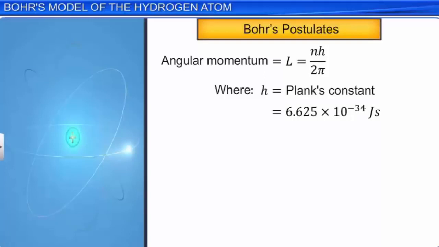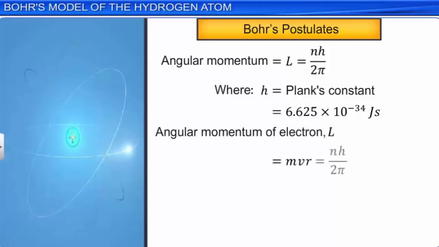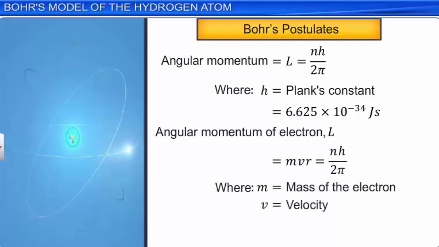Therefore, the angular momentum L of the electron is equal to mvr, which is equal to nh by 2 pi, where m is the mass of the electron, v is its velocity, r is the radius of its revolving orbit, and n is an integer. Let this be equation 1.